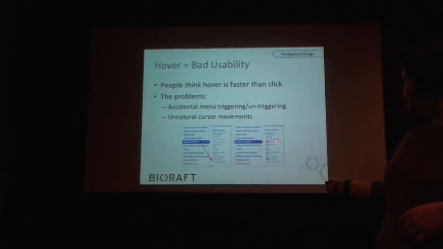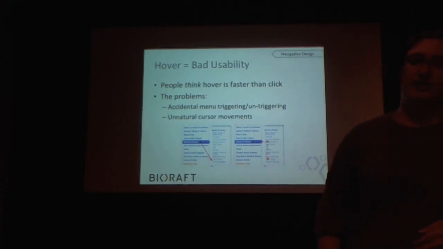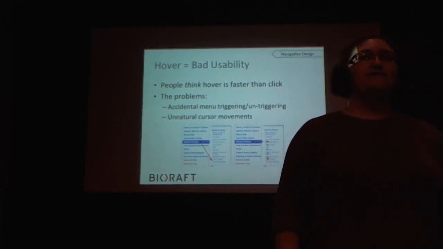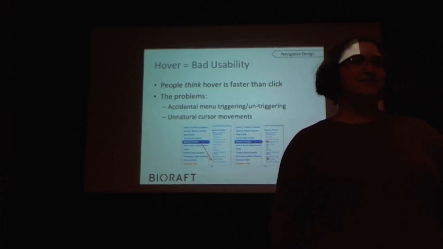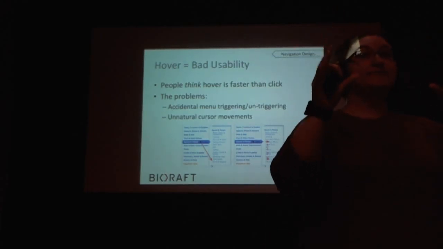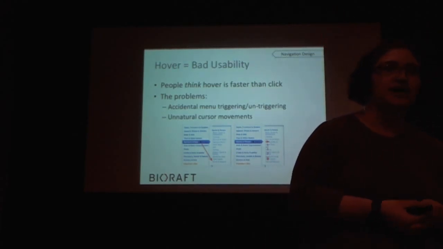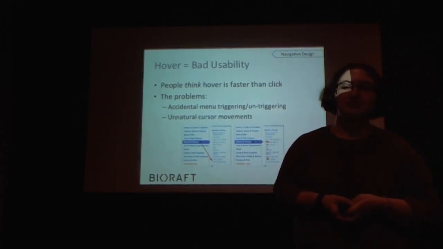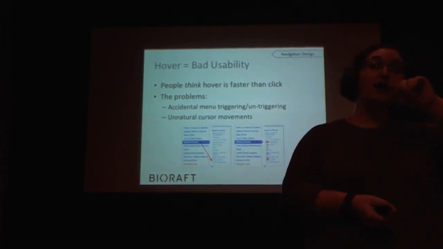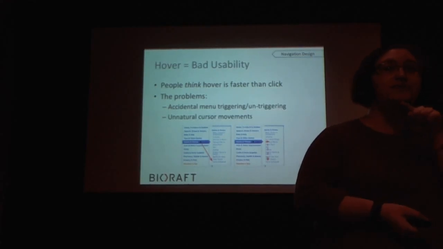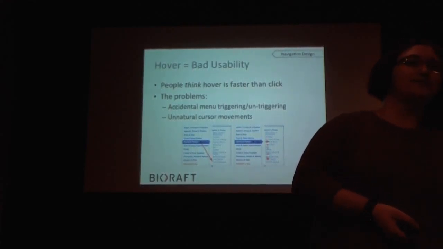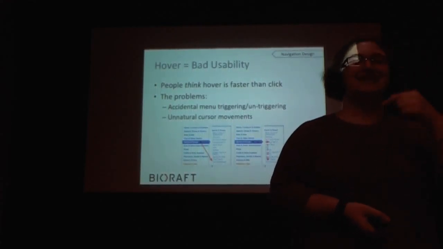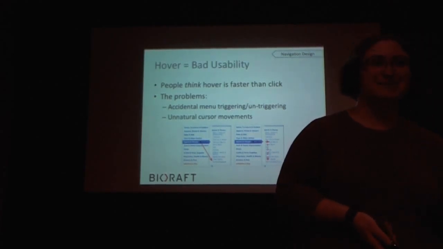You have to do this over and down motion. So even though it may feel faster, oh, it pops up and it's there, it actually takes more time. Also, you have the issue of if someone wants to click on something right under a hover menu, they have to go around and underneath so that there isn't a hover menu over the item that they want to click on.